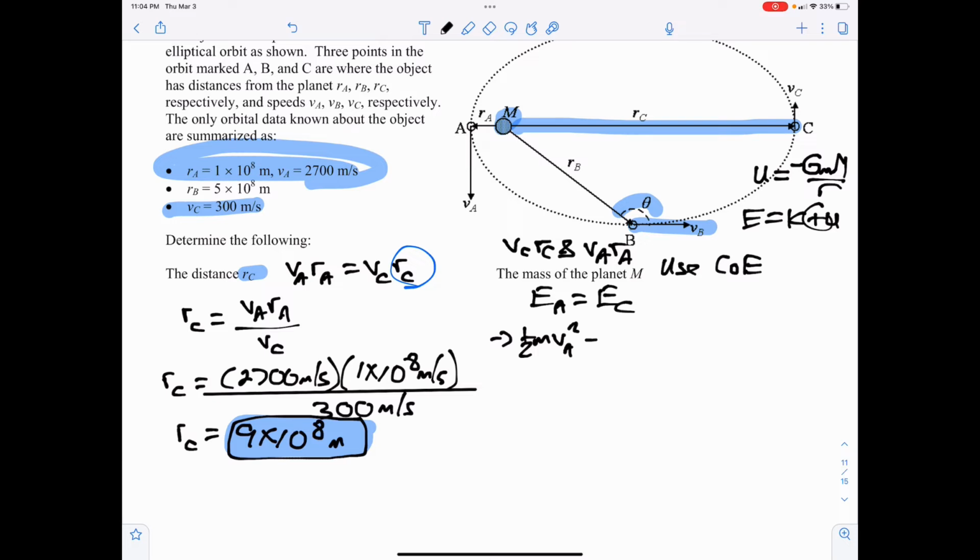So it's 1/2 mVA squared minus big G, little m, big M over RA. That right there is the total energy at position A. And that's going to be equal to 1/2 mVC squared minus big G, little m, big M over RC.